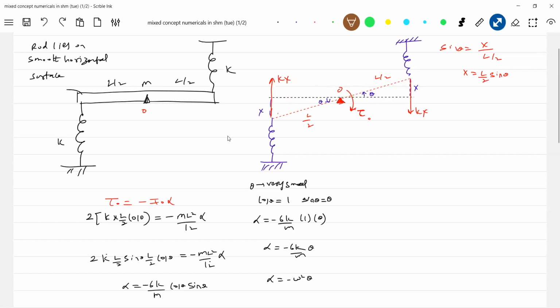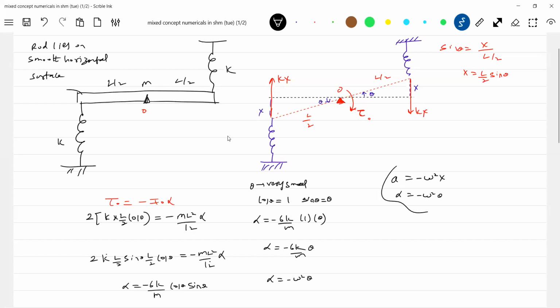So this is angular SHM, not linear SHM. For linear SHM, the equation will be a equals minus omega square x. For angular SHM, the angular acceleration will be proportional to the negative of the angular displacement. Able to get this one?